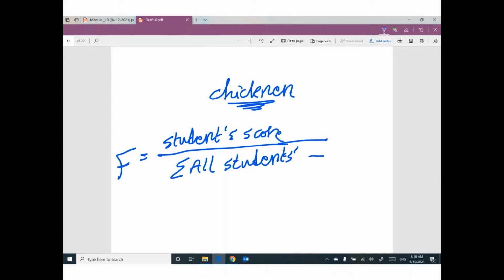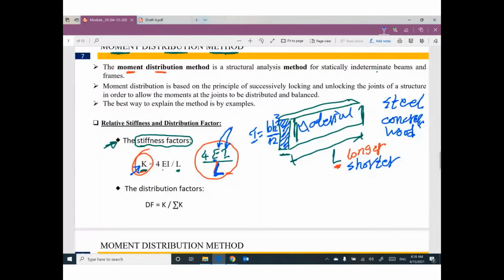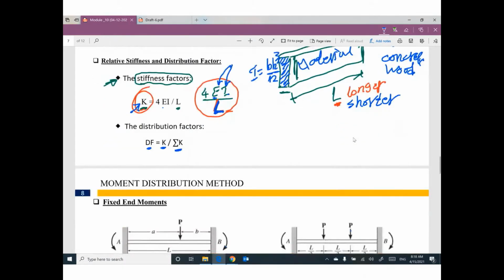Does that make sense? So we will divide K for the member by the summation of K for all members at a certain point, and I can give you the distribution factor.